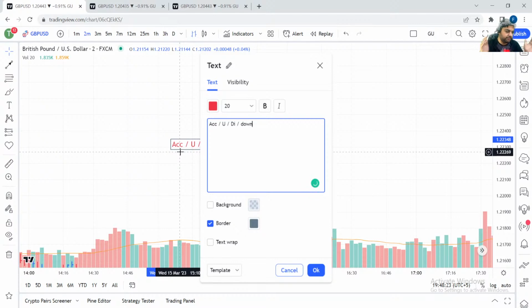So what does this become? If you add up all these parts, it becomes one word, and the one word is accumulation. Let me write it a little differently so that you can understand. Accumulation. Just remember it like this: accumulation.